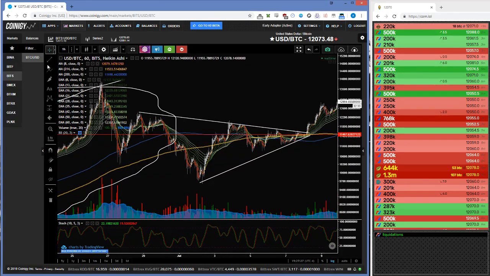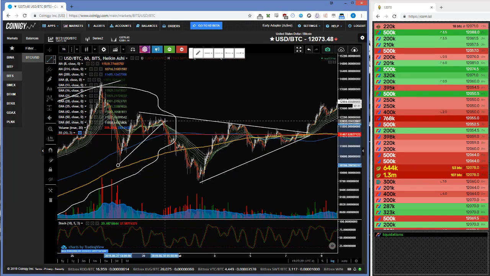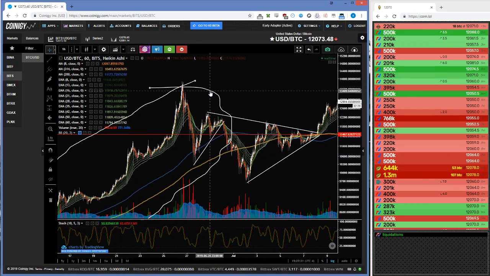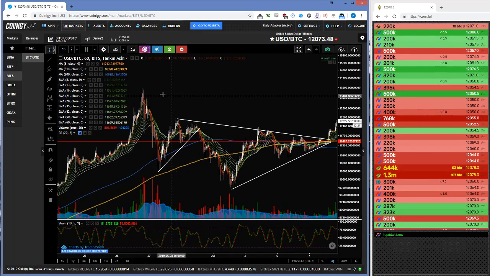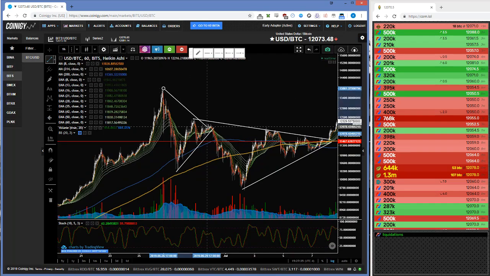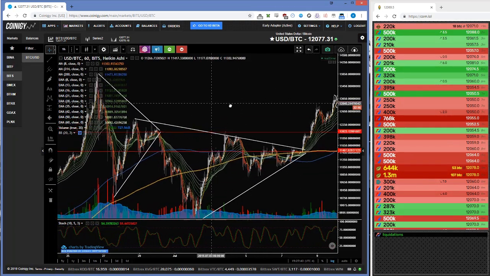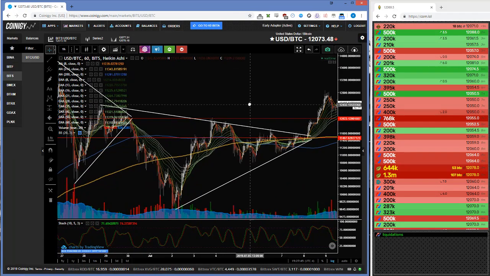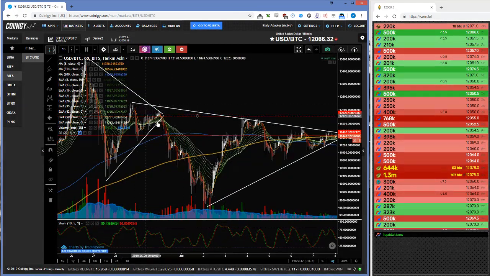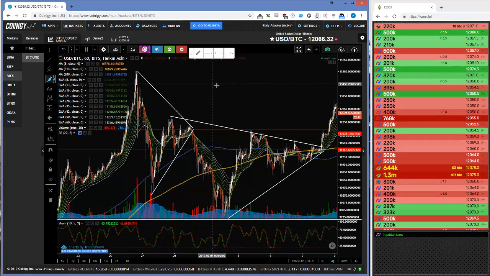And that's what happened here as well. We talked about this level last week, which was 12k, right? And I said if 12k breaks, this will invalidate this previous breakout, right?